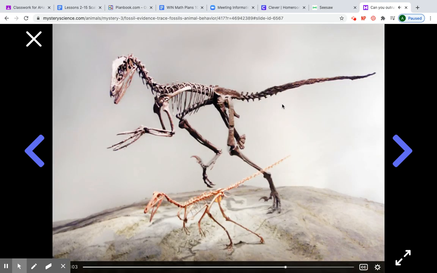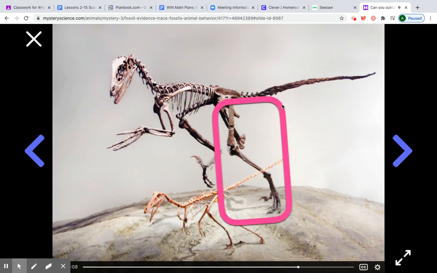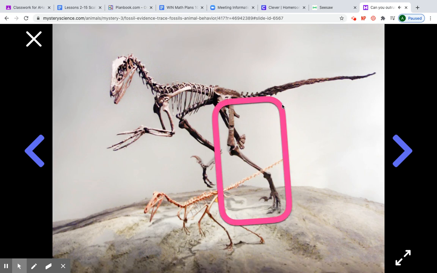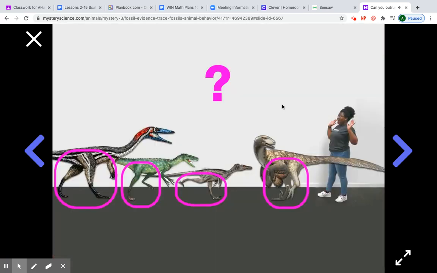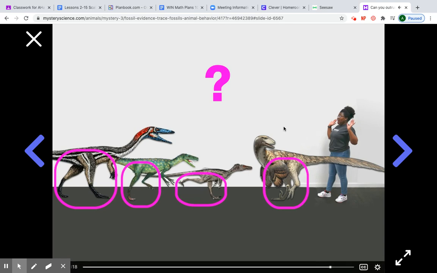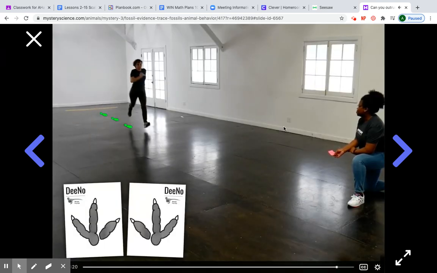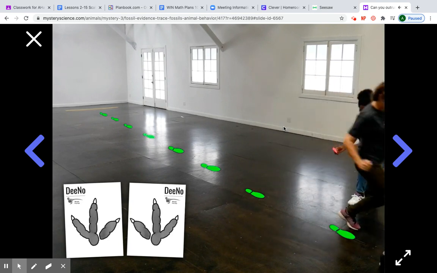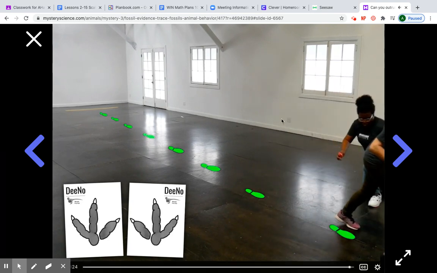We can tell how long their legs were by looking at their fossil leg bones. To have a fair race, you just want to figure out which of these 4 dinosaurs had legs that were closest in size to your legs. We've actually created some printouts and step-by-step instructions that can help you do this. Check out the next video to get started.